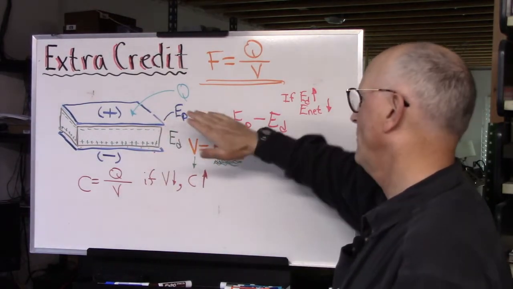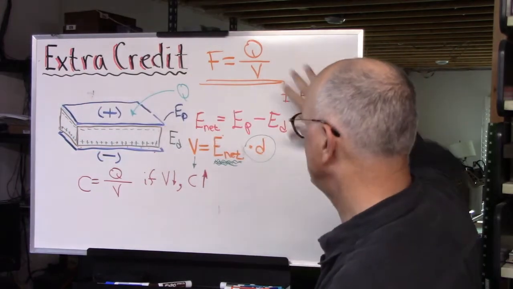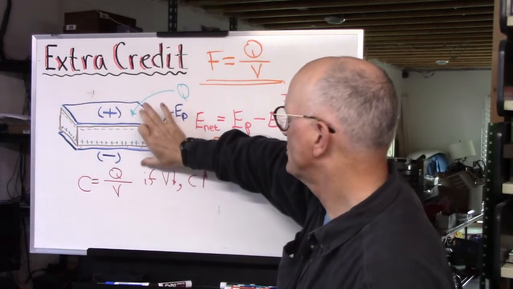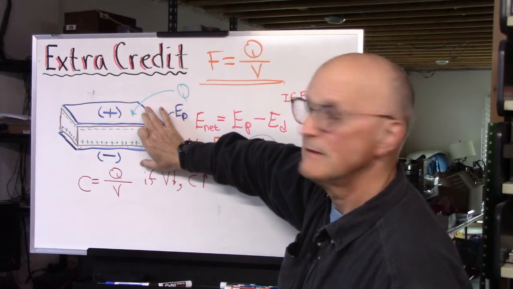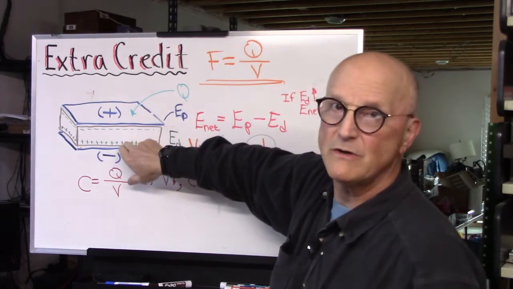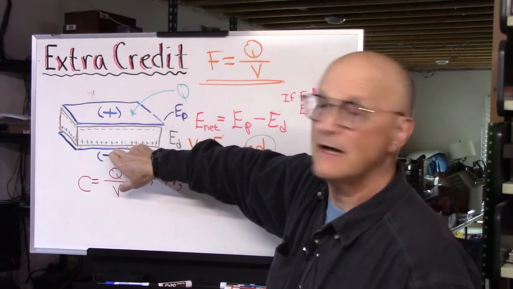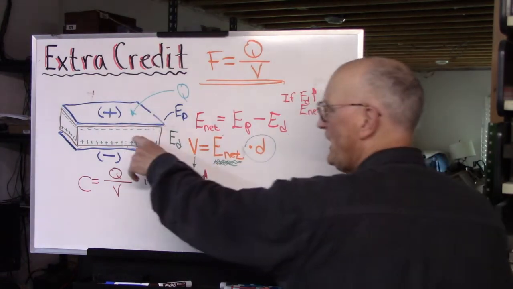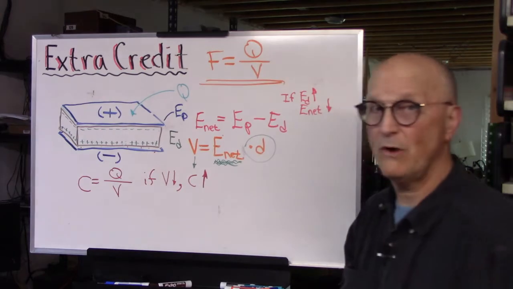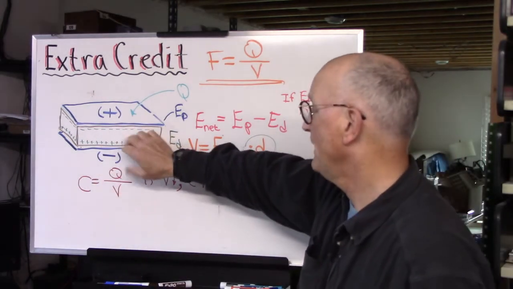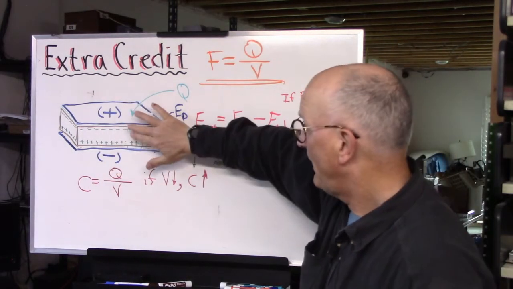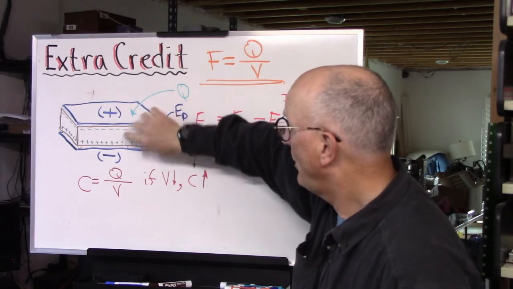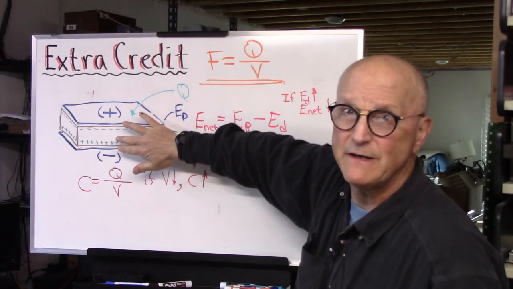Okay, so in this case here we're saying we've put so much charge on here with no dielectric in here, or air as a dielectric. We have one voltage level. We change out this dielectric with one with a higher dielectric constant, which sets up a stronger opposing electric field inside of here.